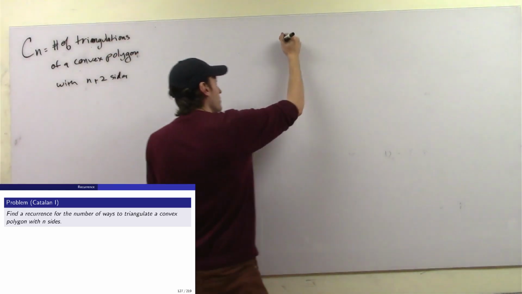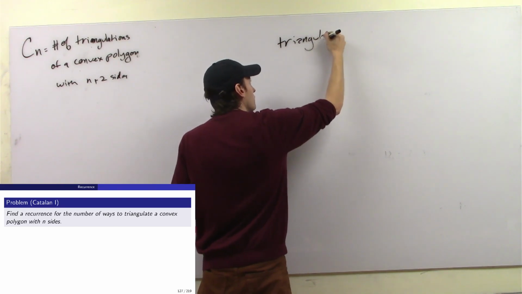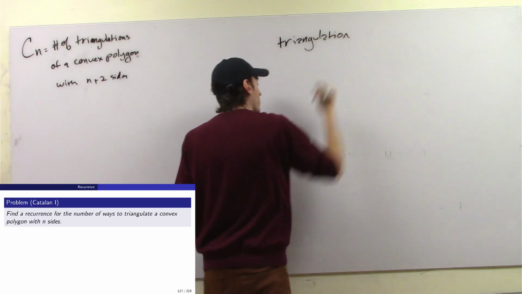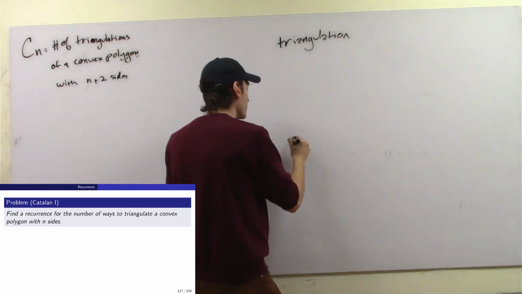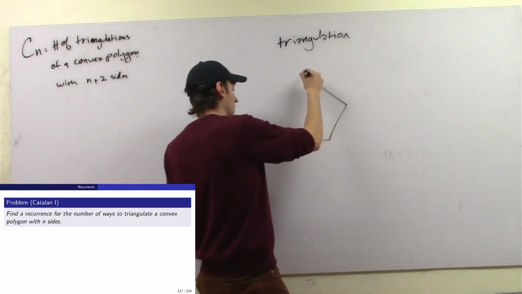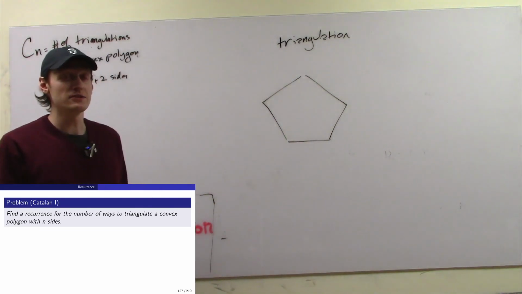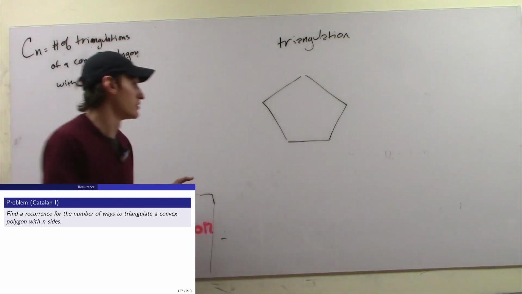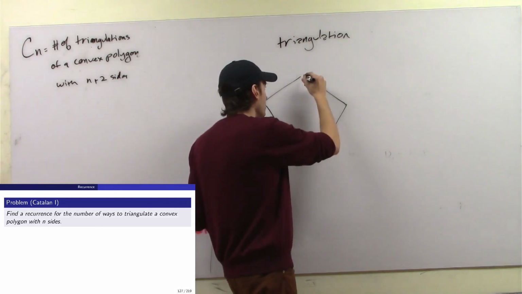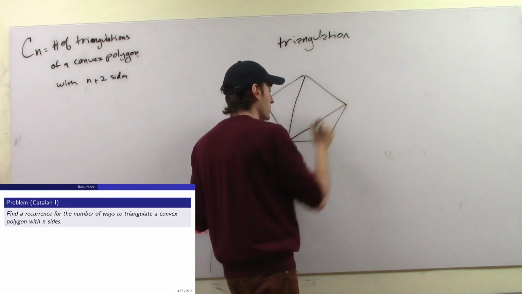So a triangulation. Okay, the smallest polygon is a triangle. And if we have some general polygon like this, if I want to triangulate this, I want to split this into a gluing together of triangles. So maybe one way to do this is I can connect all the points to one, like down here.